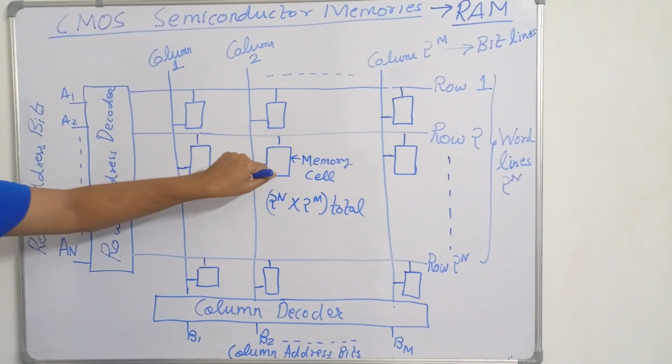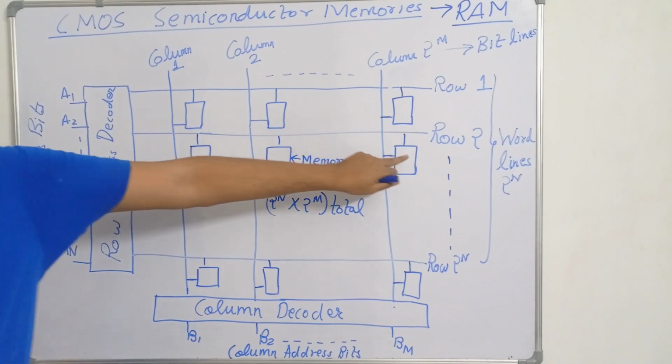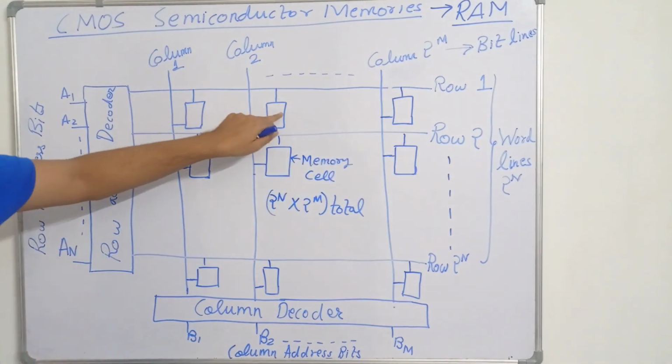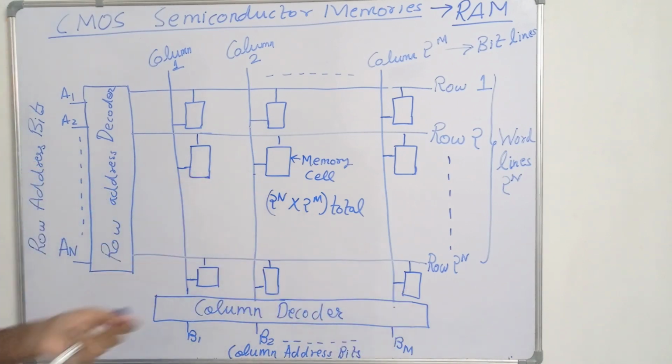So whether you want to retrieve data from this cell or this cell or this cell, the retrieval of data or the writing of data, that is the modification of data from any cell, will take equal access time. So these are called random access memories.